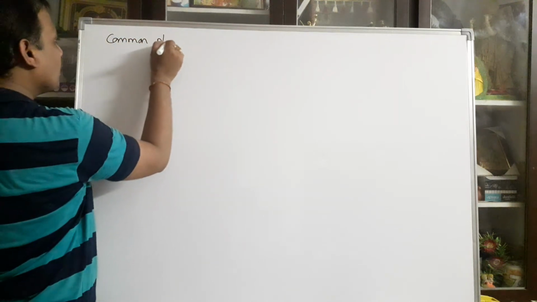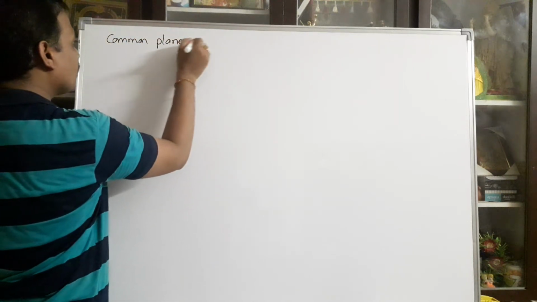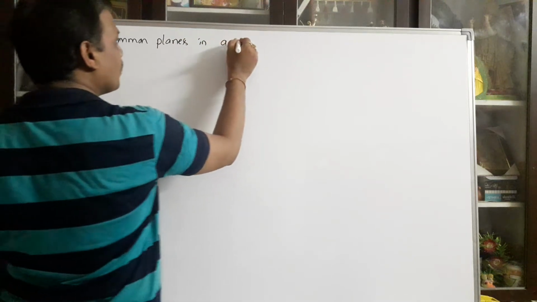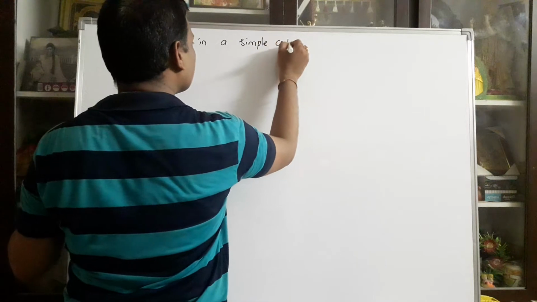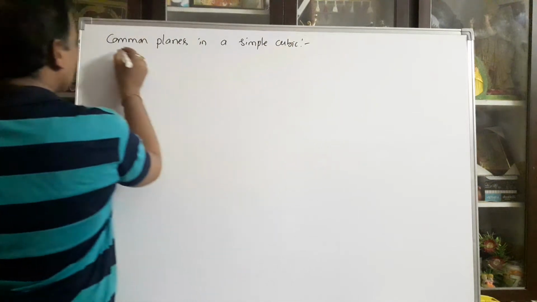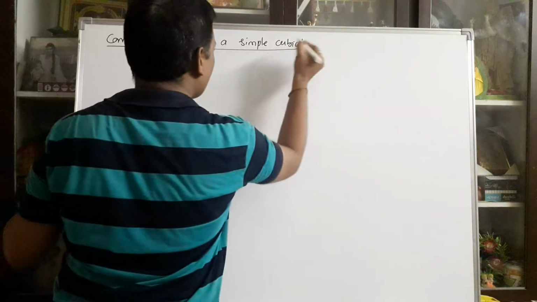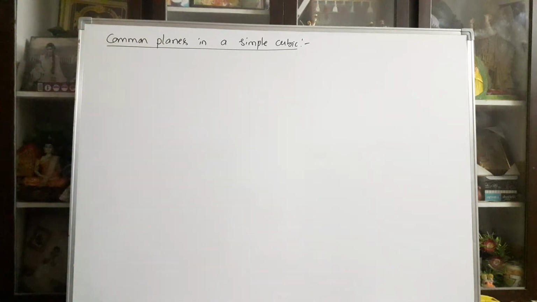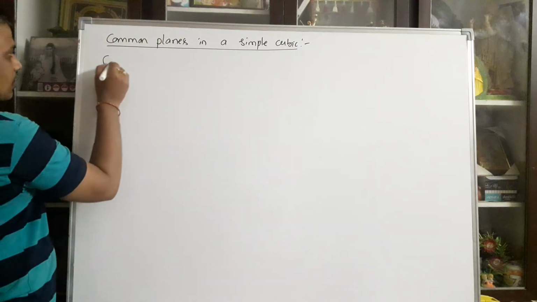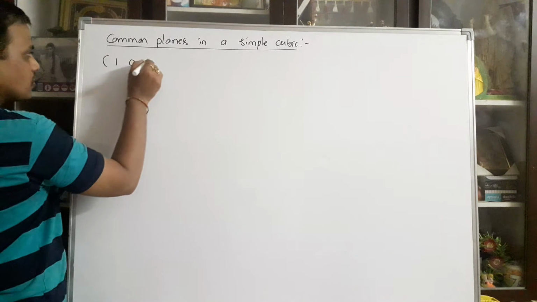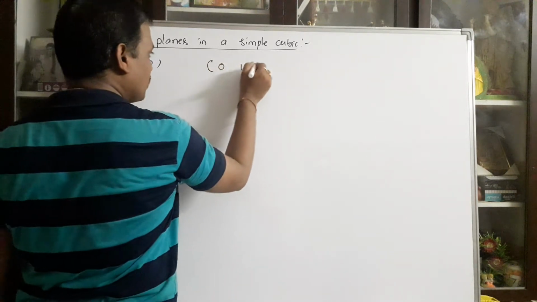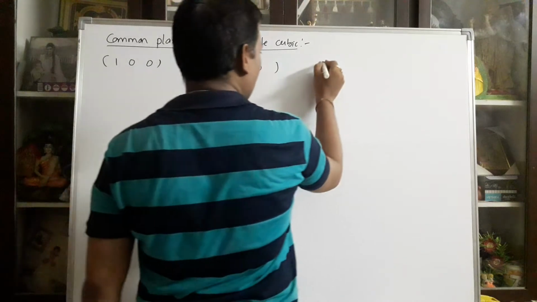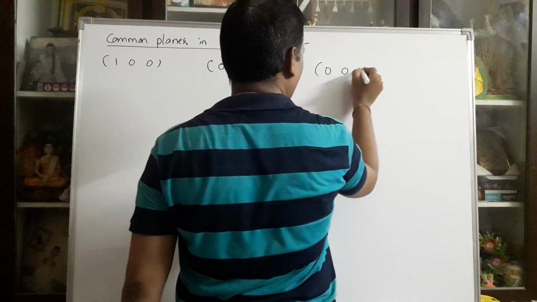Common planes in a simple cubic structure. What are the common planes? The first plane is 1, 0, 0. The second plane is 0, 1, 0. The third plane is 0, 0, 1.